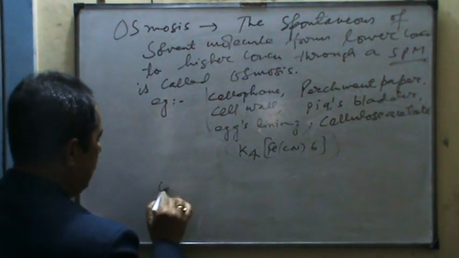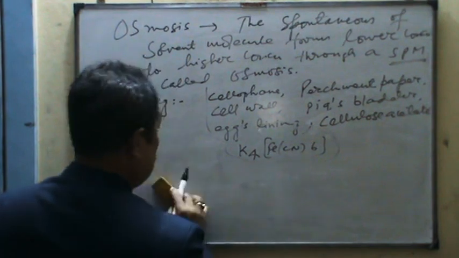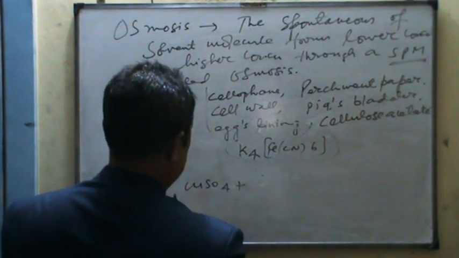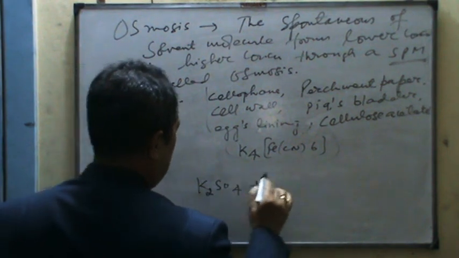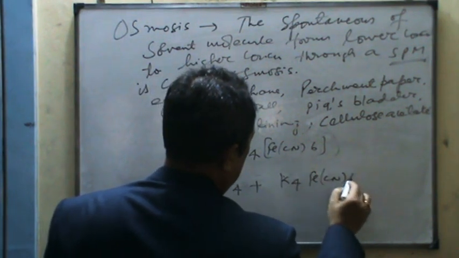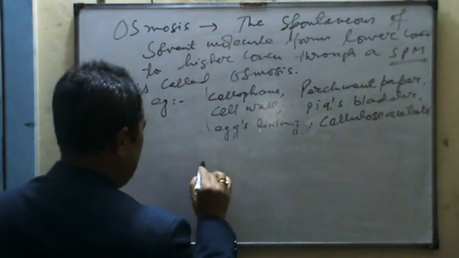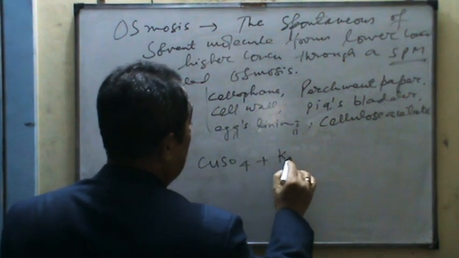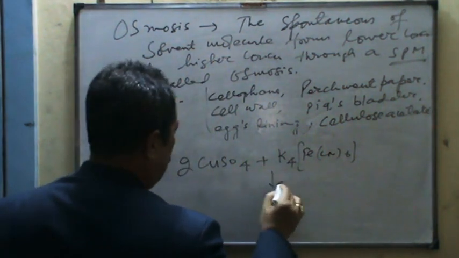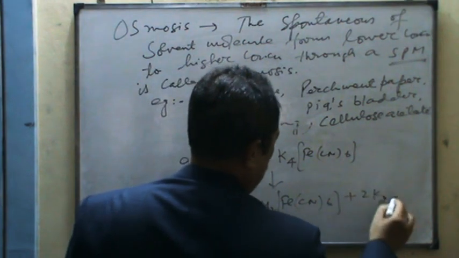So 2CuSO4 plus K4[Fe(CN)6] gives Cu2[Fe(CN)6] plus 2K2SO4.